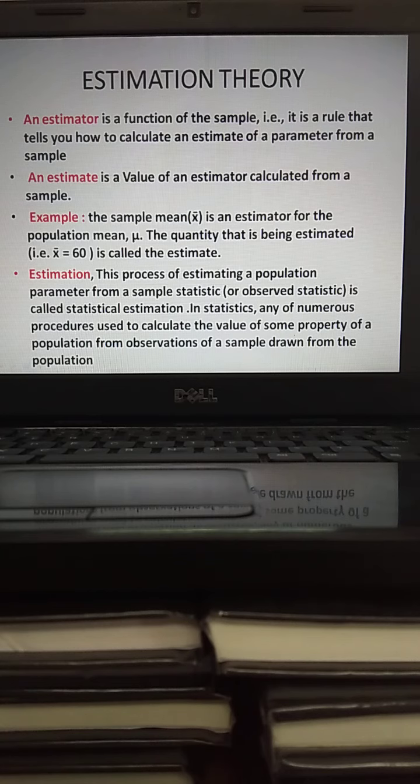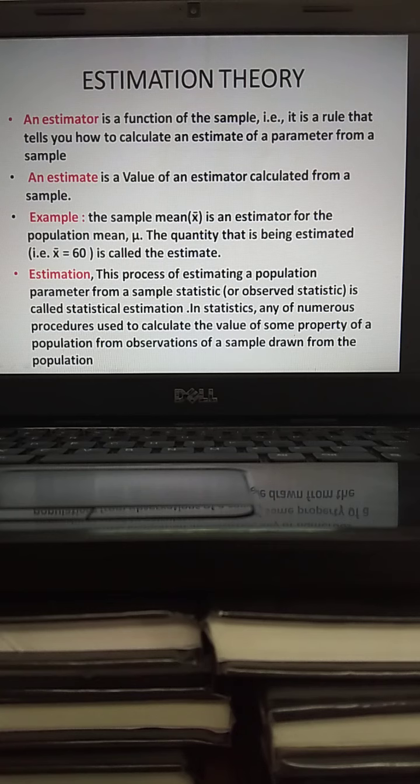Very important discussion this. Within the estimation, the estimator is nothing but the algebraic relation, the function, the formula. By substituting various values in that formula, you get the answer, the estimate. That procedure you call the estimation.